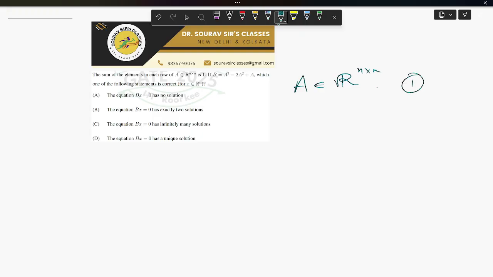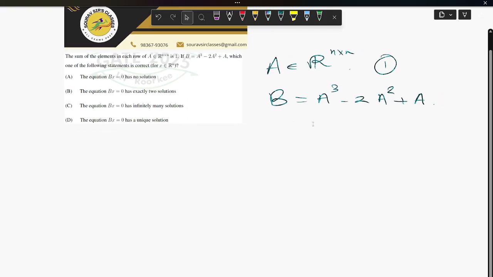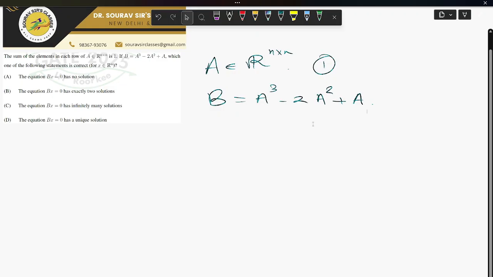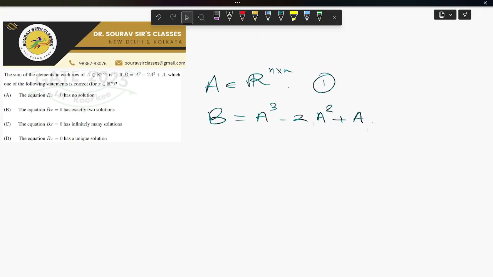We are given another matrix B defined as A cubed minus 2A squared plus A. We need to determine which of the given statements about the equation Bx equals 0 is correct for x belonging to R to the power n. So the options are these.